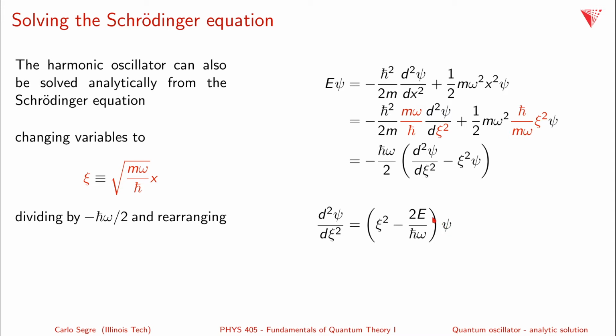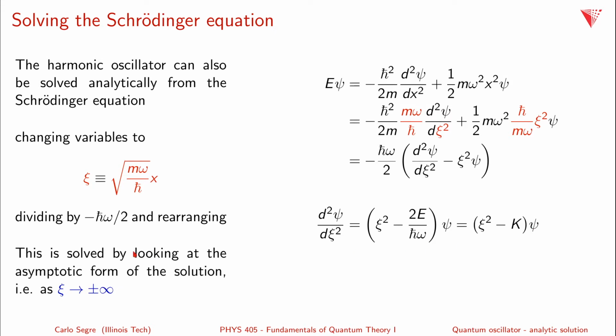Now I'll make one more substitution, and that is I'll replace this with a constant that I'll call k. So now I have d squared psi dxi squared is equal to xi squared minus k, all applied to psi. So we can solve this using the asymptotic method. We'll first solve for the asymptotic solution, and then we'll solve for the solution close to 0.